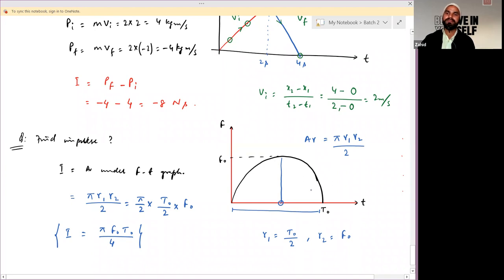You all have written? Safan? Sabita? Done, sir. Okay. Since impulse is related to force and time as the area under the force-time graph, for any curve in physics we just use area equals pi times r1 into r2.